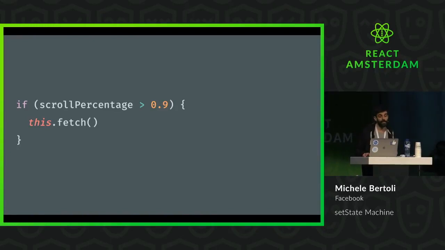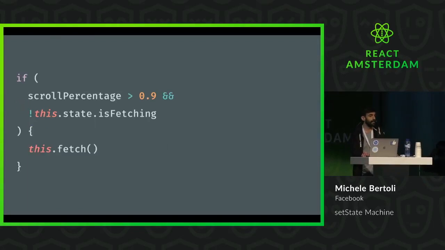Again, there are different solutions. One of the most common is using a state flag. So we would set isFetching to true when we start fetching, and then when the scroll event fires, we check whether the user scrolled more than 90%, and also if we are not fetching already. And if we are fetching already, we just ignore the event.